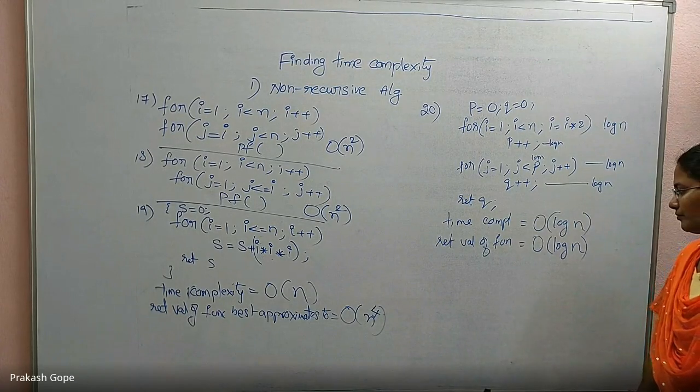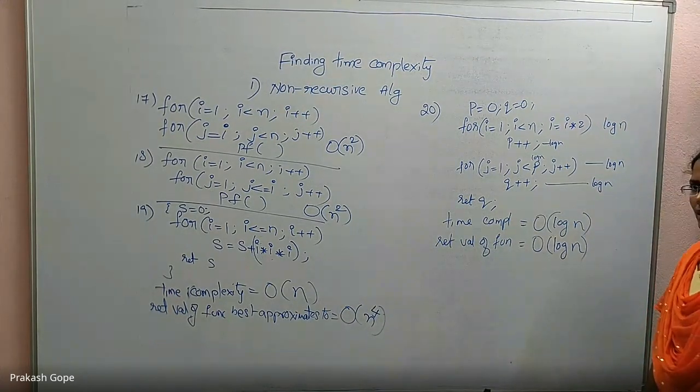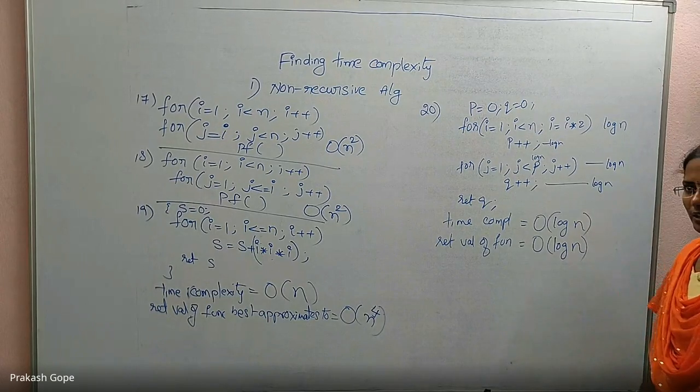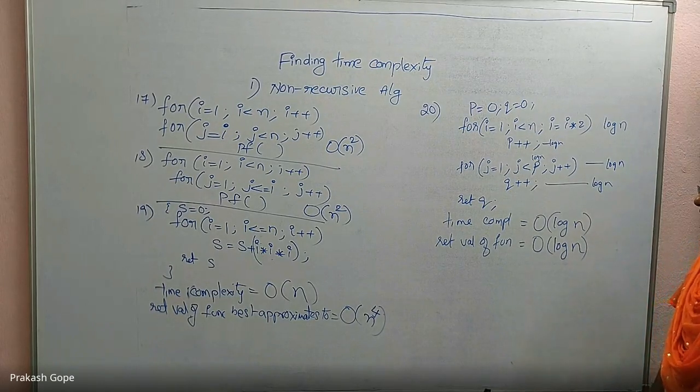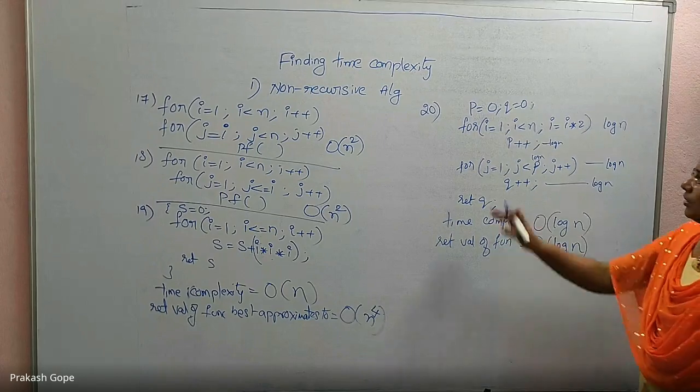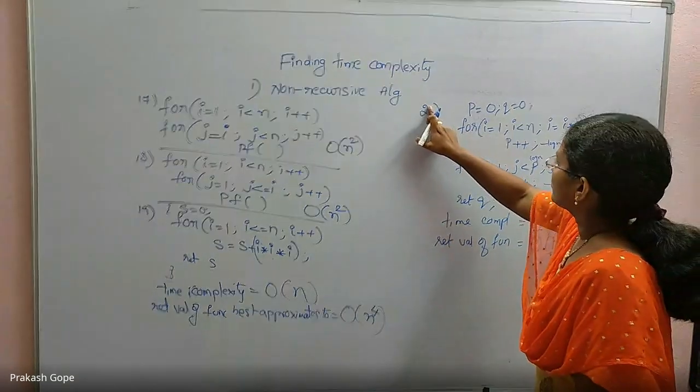Is that clear? Now I'm going to change a small thing here. Then you should tell me the time complexity and return value. This is 20. Now I'm talking about 21.